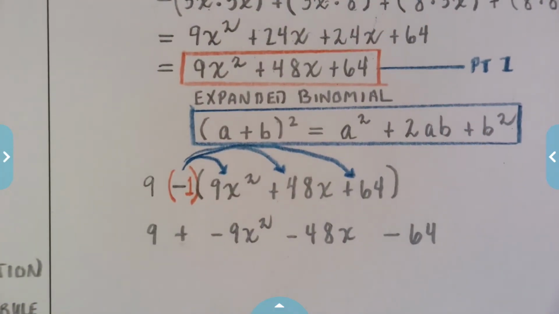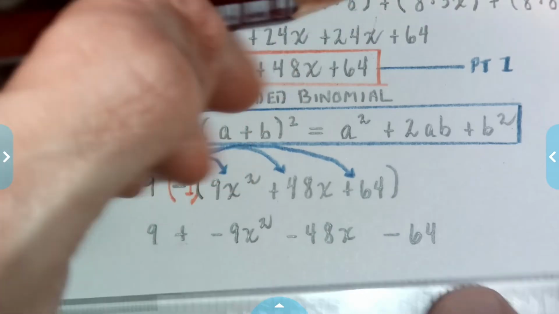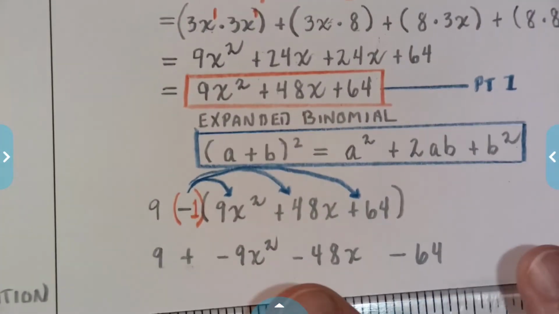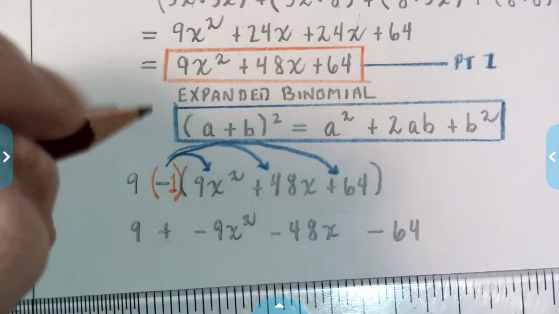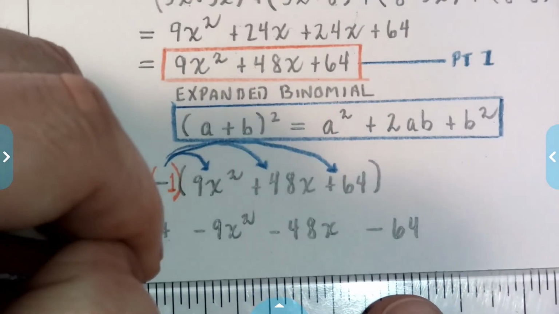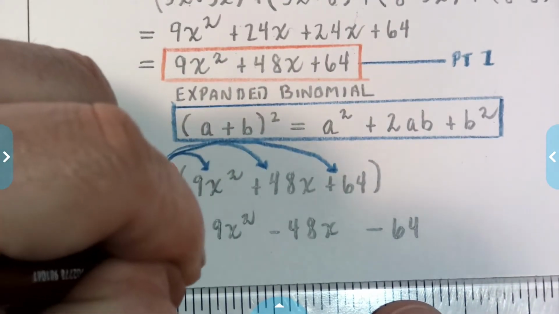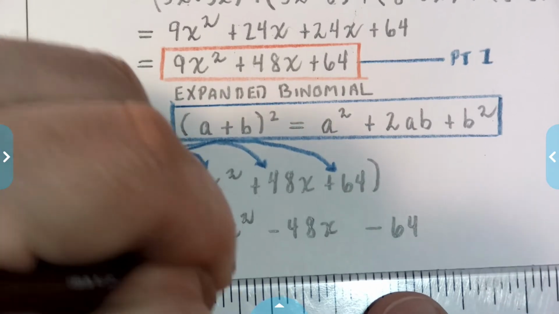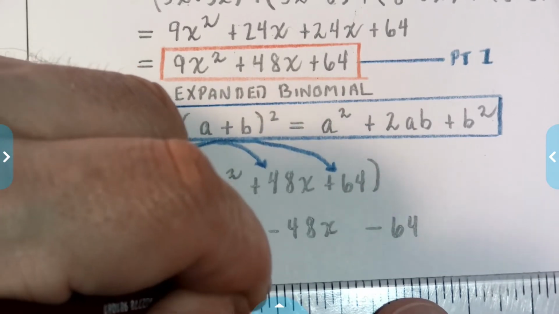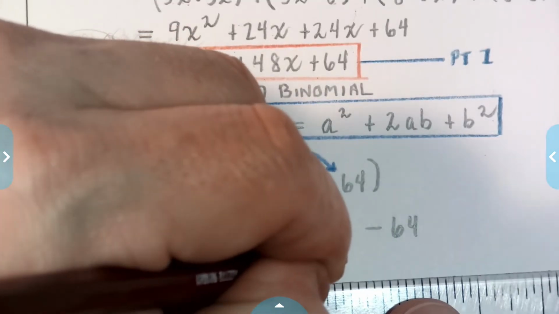And now I recommend that what we do is we stack add, right? So it's 9 plus, it's adding 9. So we could just write this like this, -9x squared minus 48x minus 64.